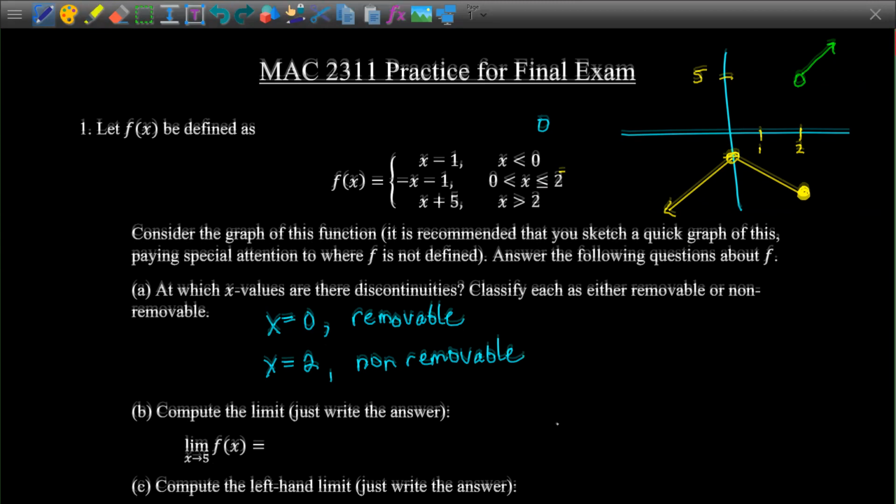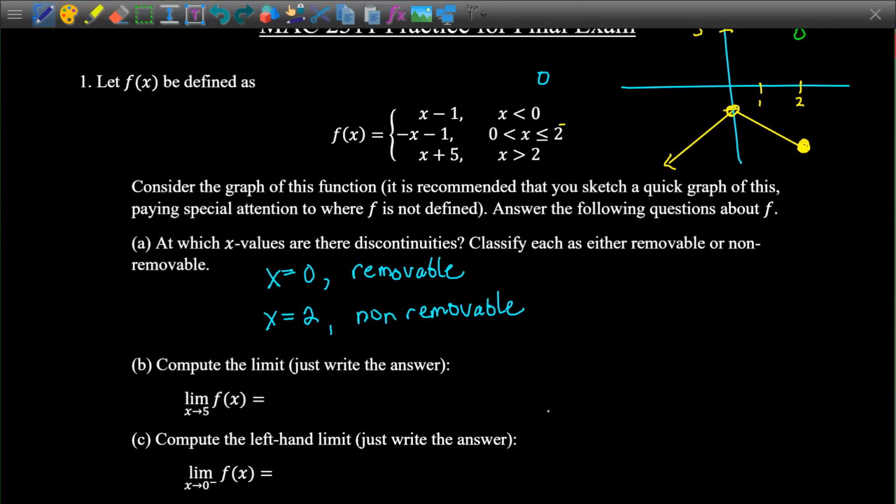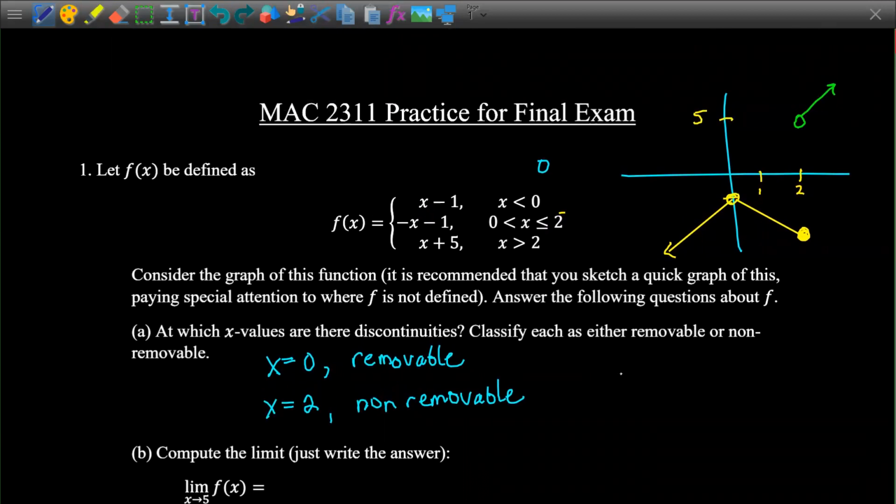Compute the limit. And just to write the answer, because we're just going to take a look at this graph. So the limit as x approaches 5 of f. So 5 is way out here, and we're on the green part. So let me extend the green part a little bit more. This just keeps going up and up, that green part.